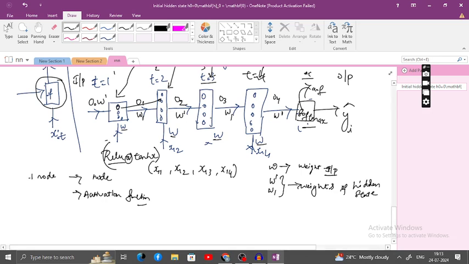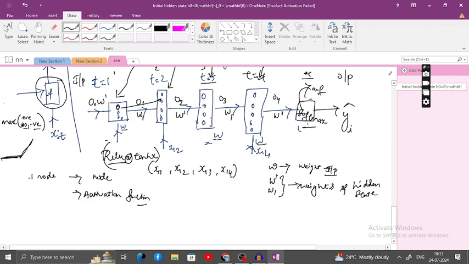ReLU you already know: no negative, it will fetch that to 0. It is max of 0 and the number. If you have a negative number, it is set to 0. This is the ReLU function.